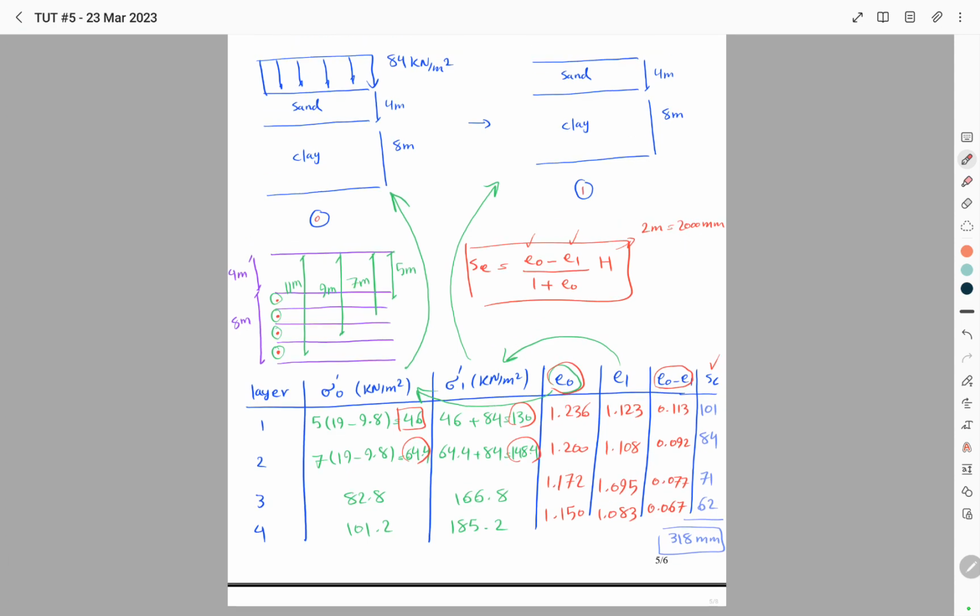So we're gonna do the same procedure. The values are exactly the same. We only need to switch the columns together.